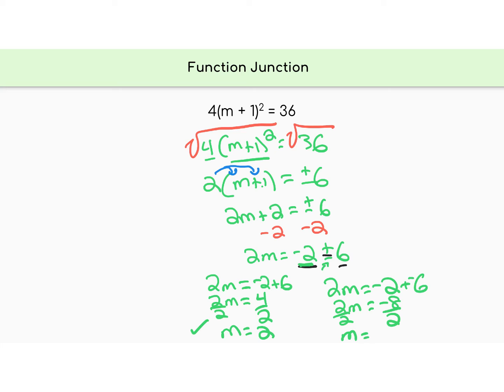And m is equal to negative 4. And there are our two solutions. So our solutions are 2 and negative 4. And again, what does this mean? Well, if I graphed this quadratic equation, I would have x-intercepts at both 2 and negative 4.